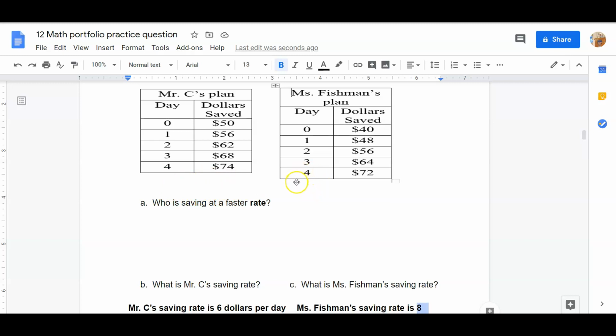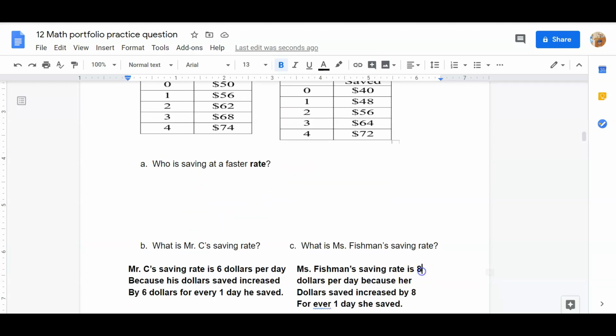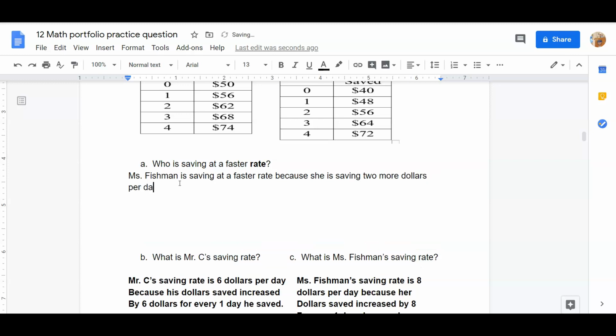And from there on out, Ms. Fishman would pull ahead of me because she's saving $2 more per day. So we should write Ms. Fishman is saving at a faster rate because she is saving $2 more per day than Mr. C.